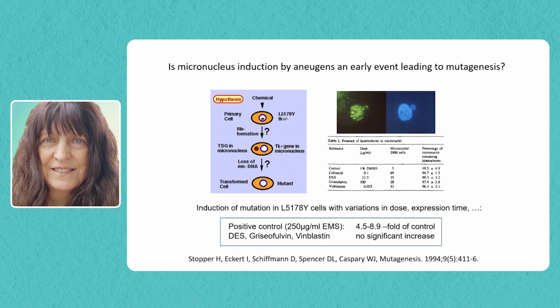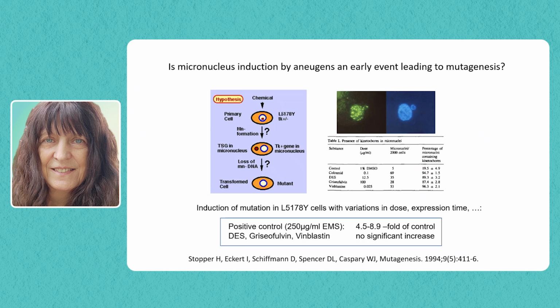And we were trying to see that in a model system, which was a gene mutation assay, the mouse lymphoma mutation assay, and it's supposed to be sensitive also for chromosome mutations. So that means if the selectable gene in that assay ends up in the micronucleus, and then the micronucleus is lost, you would expect to get a mutant.